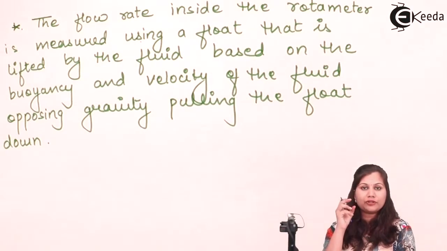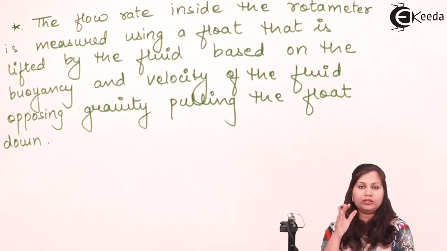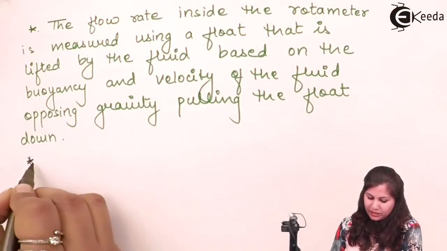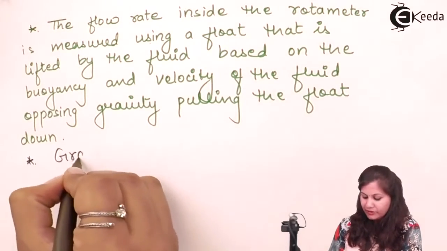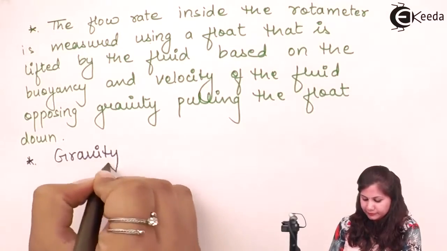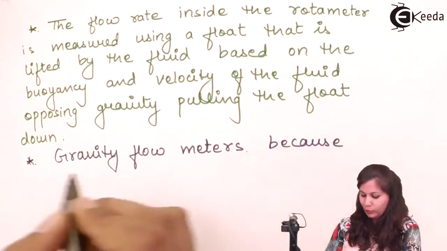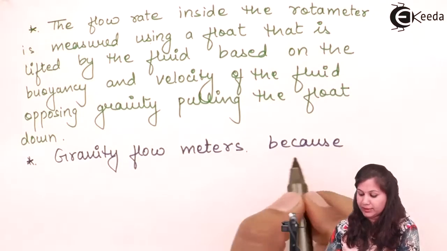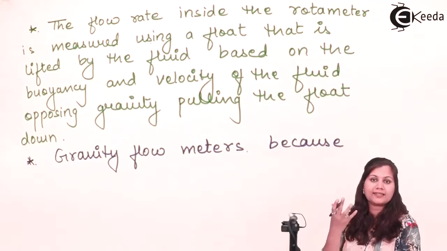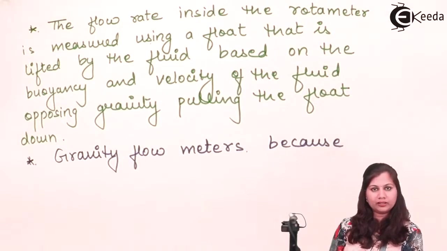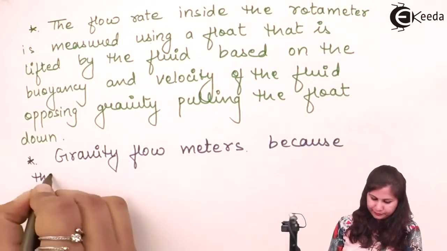At the position where both these forces are equal, the float is going to come to a steady state. Because the gravity is acting on the flow, sometimes these rotameters are also known as the gravity flow meters. And why are they known as the gravity flow meters? Because the gravity is acting as the opposition force trying to pull the float in the downward direction.